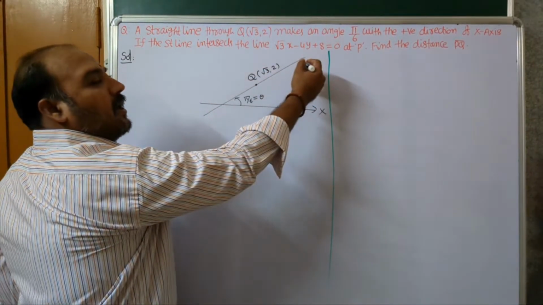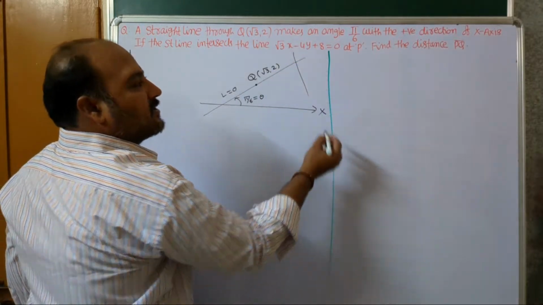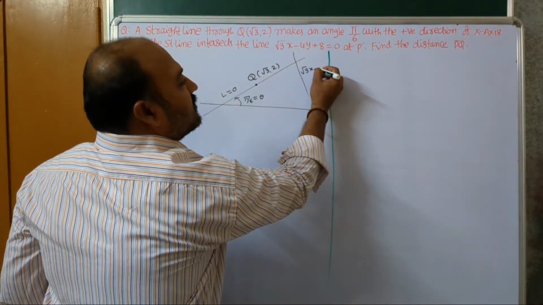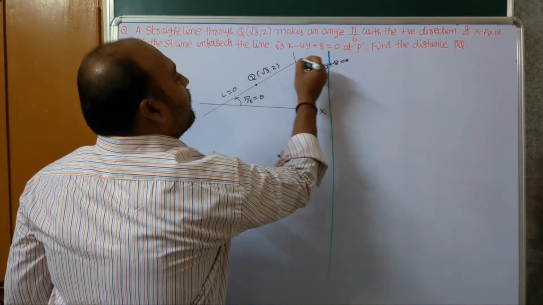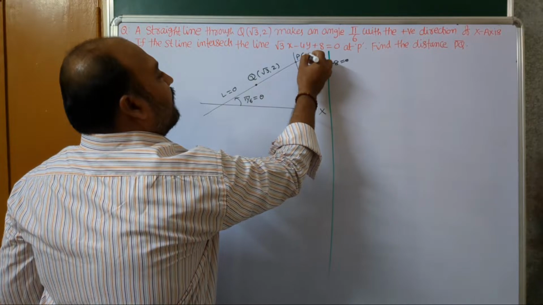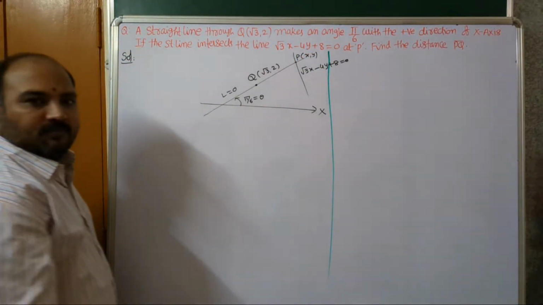This is the straight line L equal to 0, which intersects the line root 3x minus 4y plus 8 equal to 0 at the point P of x comma y. You have to draw the figure.